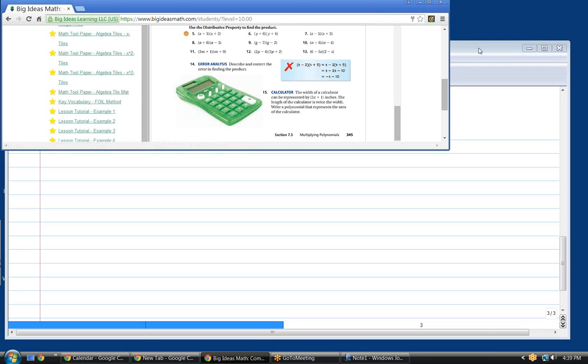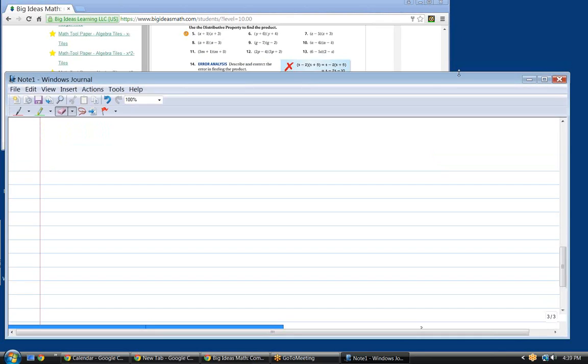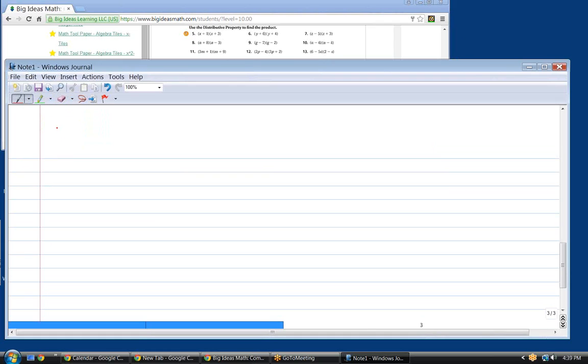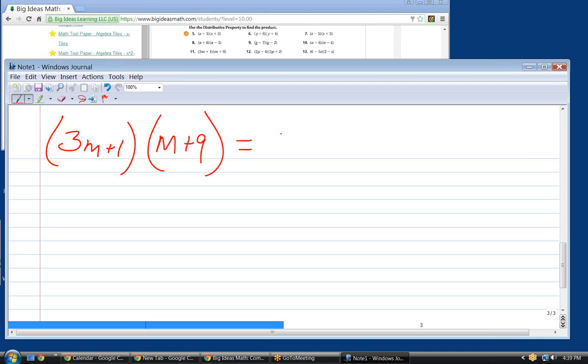Let's see if we can find some tougher ones here. 11. A little bit different. All right. 3m plus 1. And all of these are binomials. In other words, we're multiplying two terms by two terms. So what's this one? 3m squared plus 18m.